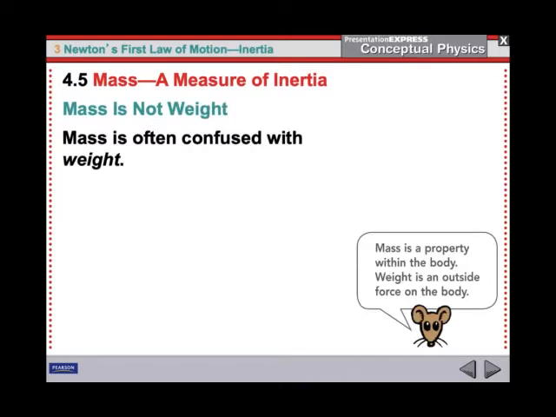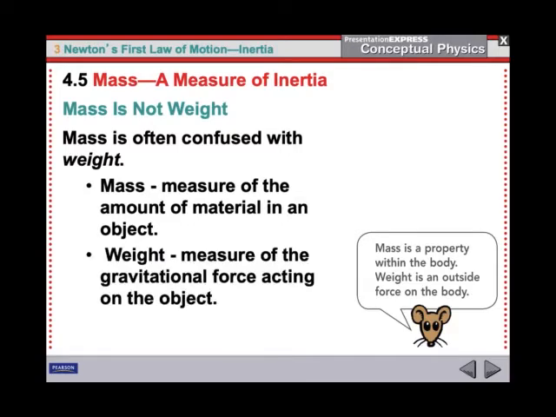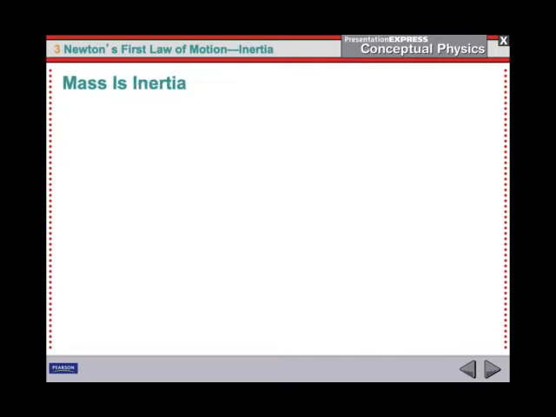Mass is also not weight. It's so often confused, and the things that measure those two things are often confused as well. Mass is the measure of the amount of material that makes up an object. Weight, as you remember from earlier in the year, was the measure of gravitational force acting on the object.